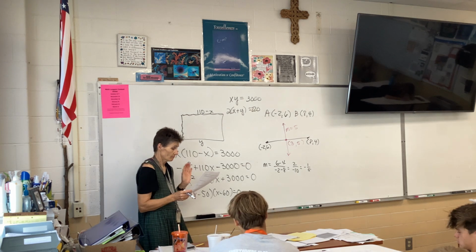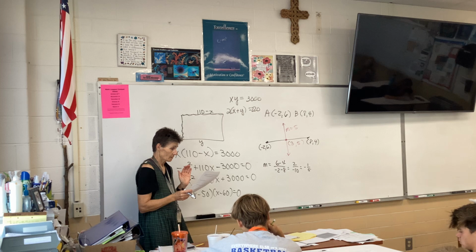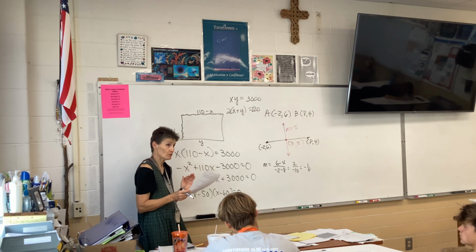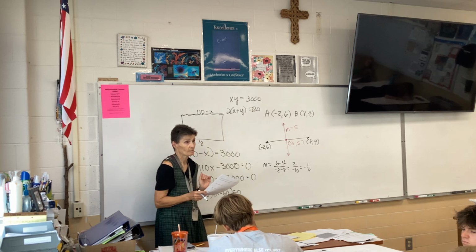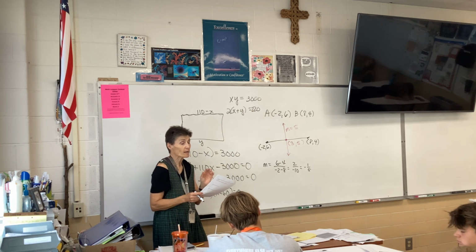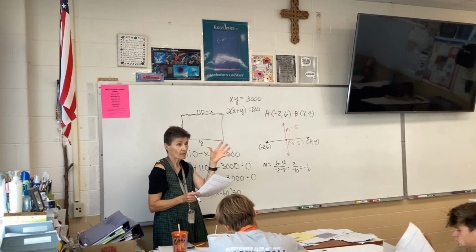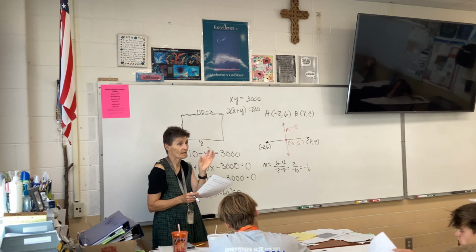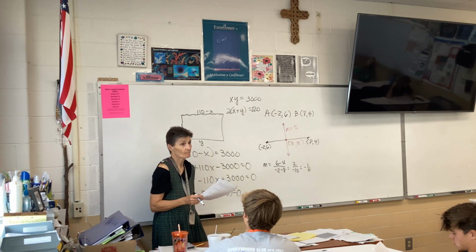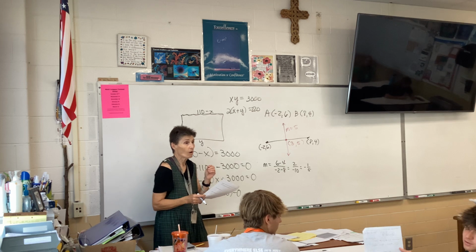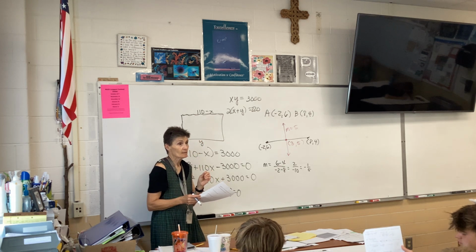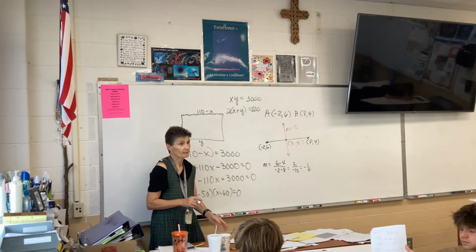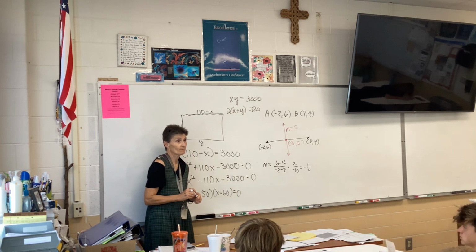You mean 8F on the review sheet? Yeah, 8F. Because there's only one x and it's right in the middle. So if there's two x's, if you can't move things around and get one x, then you're going to split it up. Now, you can always split it up, but you have to do it if you can't get x by itself in the middle.